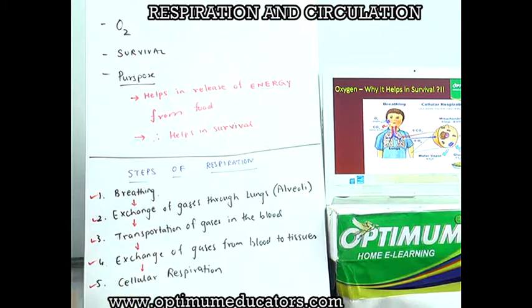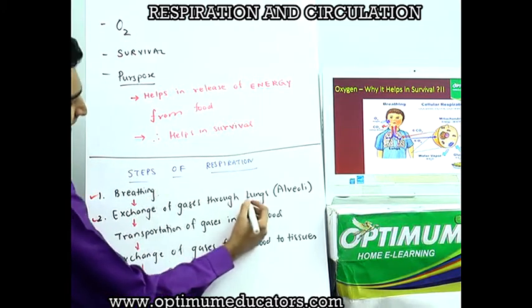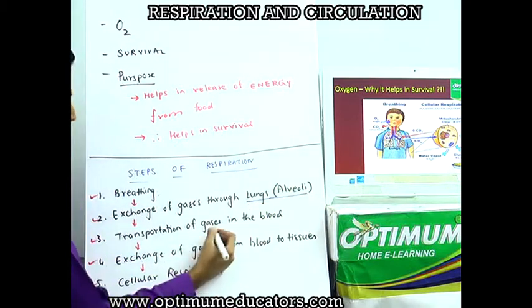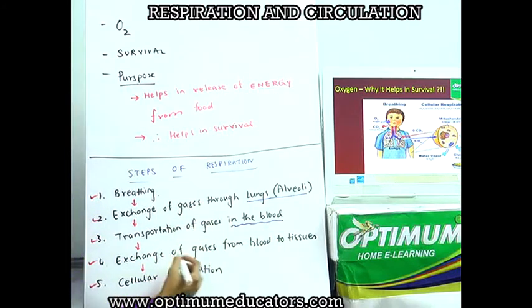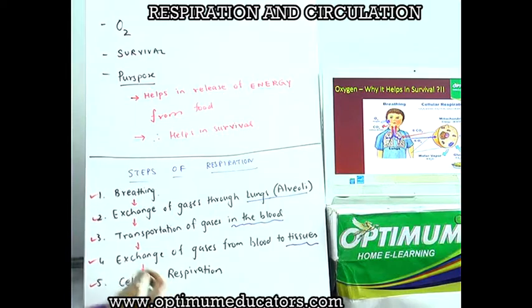So if I can just underline the key points, you understand what I mean. Breathing brings air from the environment, and so from the environment it goes to the lungs. From there it goes in the blood. From there it goes to the tissues, and from there it goes to the cells.